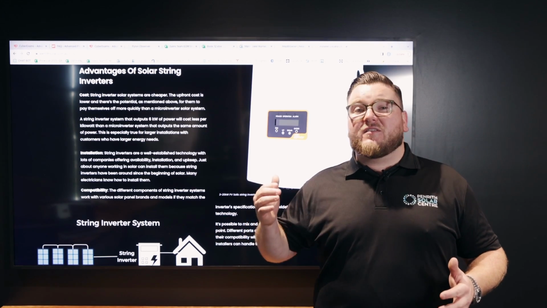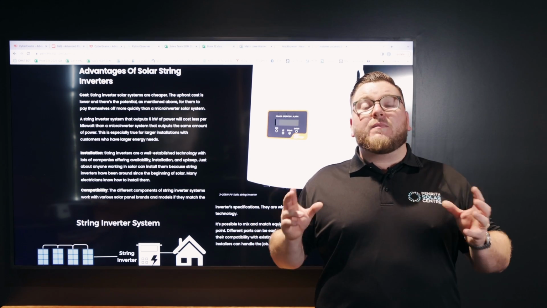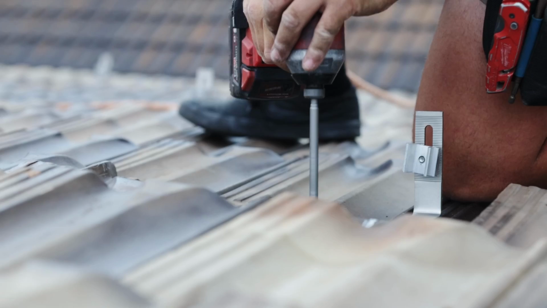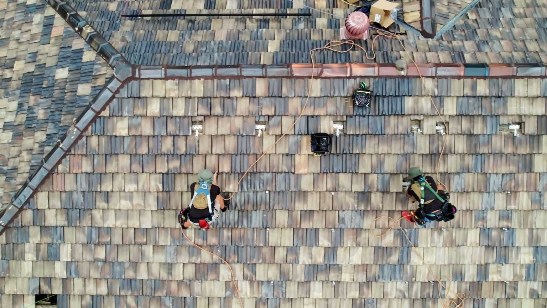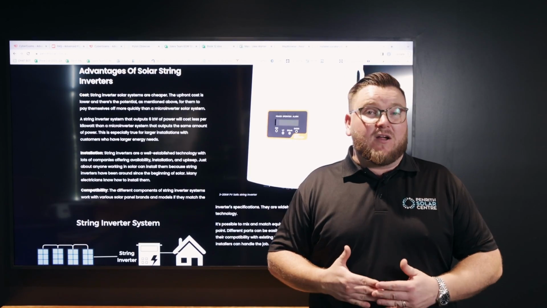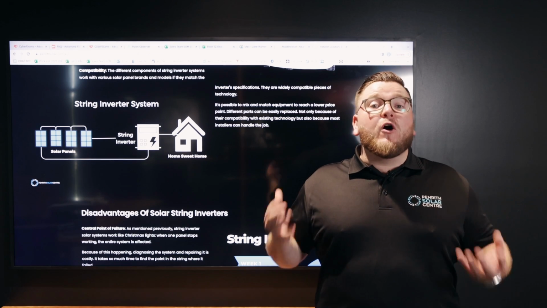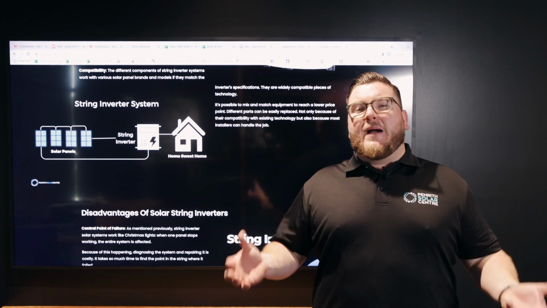So string inverter systems can be installed faster, and they also can be more readily accessible if you ever have to fix it in the future. You see, they're usually installed at eye height next to your switchboard or in your garage, so you do have it at arm's touch. The last advantage of most string inverter systems is compatibility.